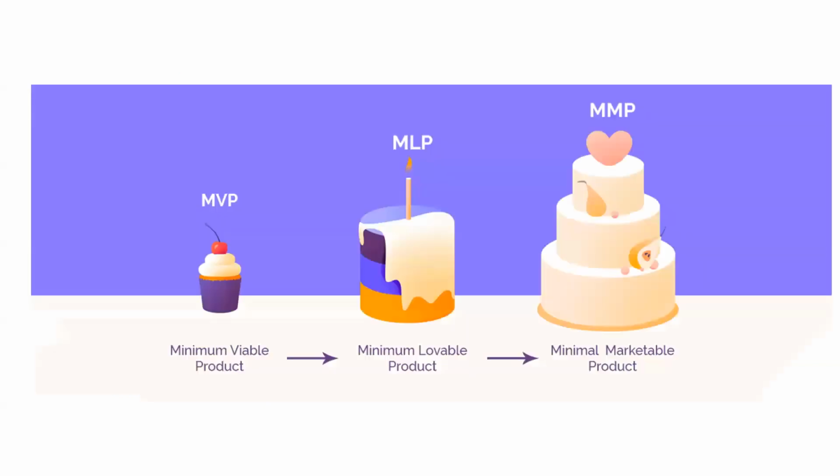I will show you one example here. Actually this is an MMP, a minimal marketable product. This is the product that they actually want at the end. But before doing that, they just give this MVP and ask the customers to taste it at least.